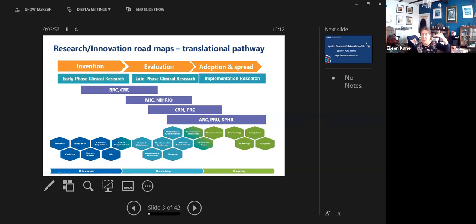So the rectangles in purple, I'm going to go through some of these acronyms and explain each one of them. But what I wanted to do for you here on this roadmap is just say that they sit at different stages along what we call this translational pathway. And at the bottom, you can see these hexagons, which are often used by people who are closer to business.